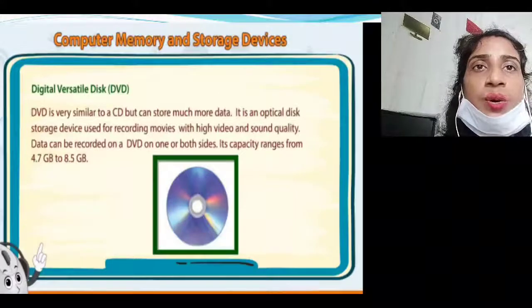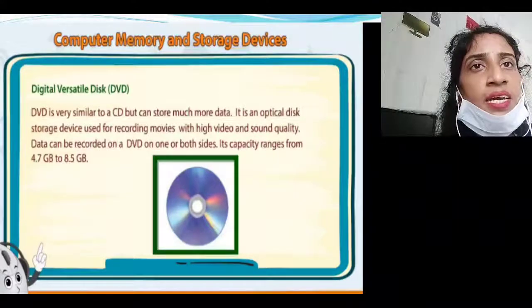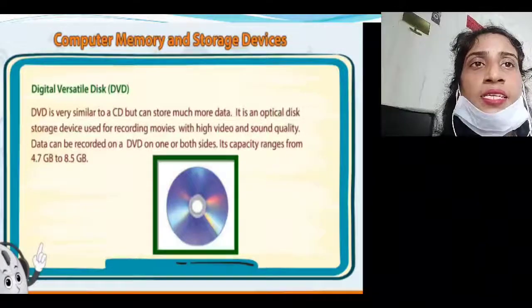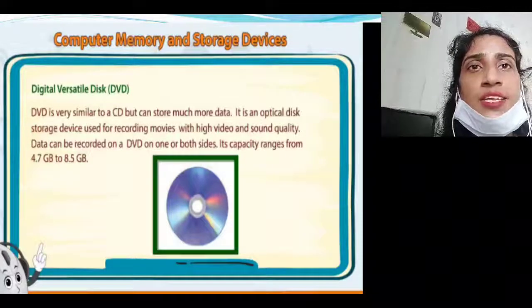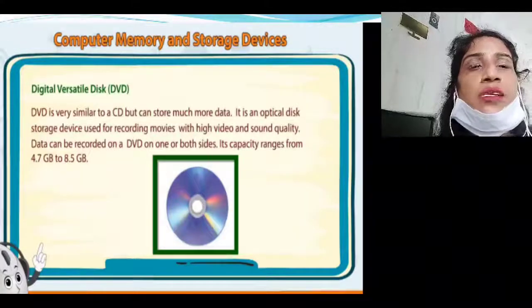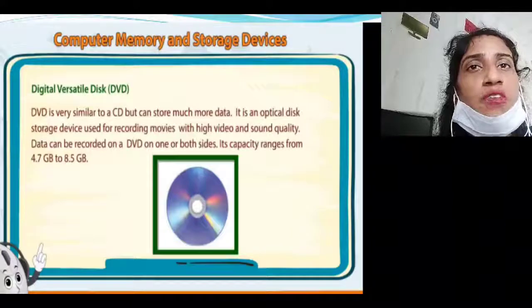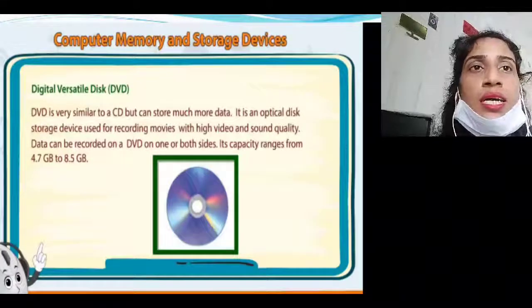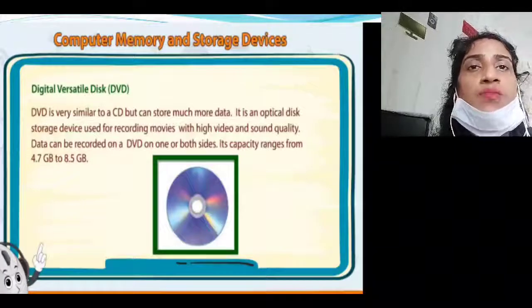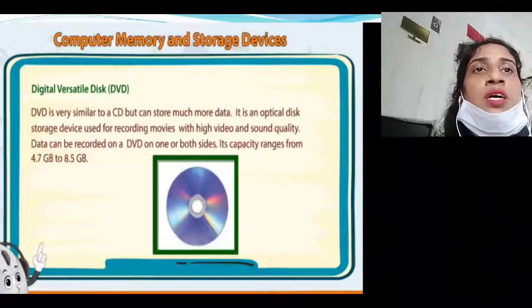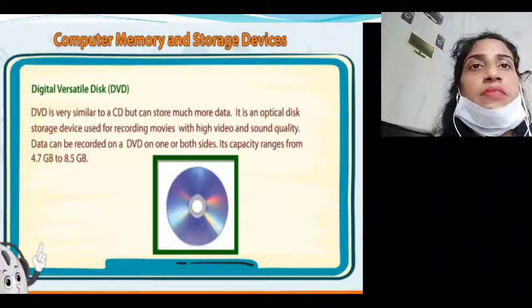Data can be recorded on a DVD on one or both sides. Its capacity ranges from 4.7 GB to 8.5 GB. GB means gigabyte.